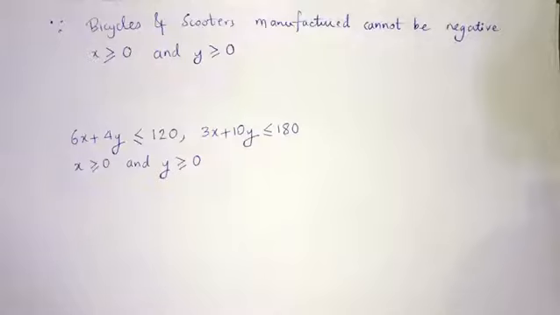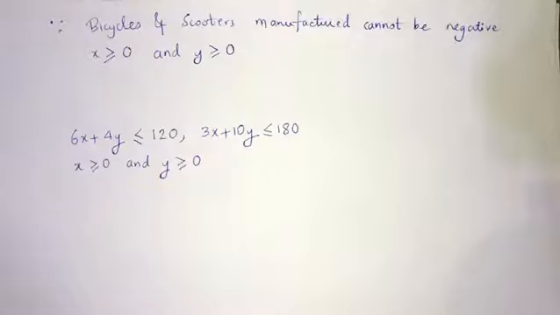Now, profit depends on the number of bicycles and the number of scooters manufactured. In the question, it is said that profit per bicycle is 10,000 and per scooter is 20,000.